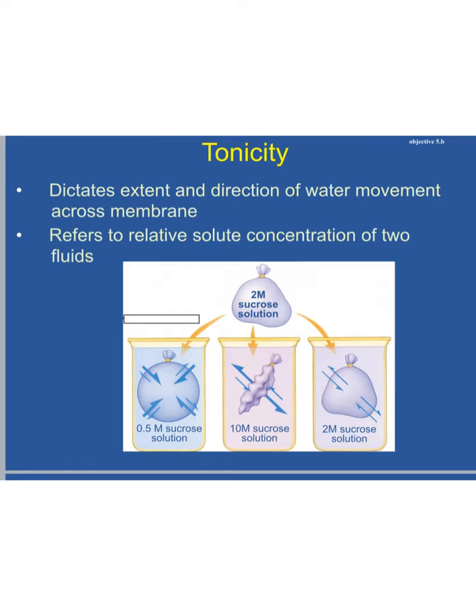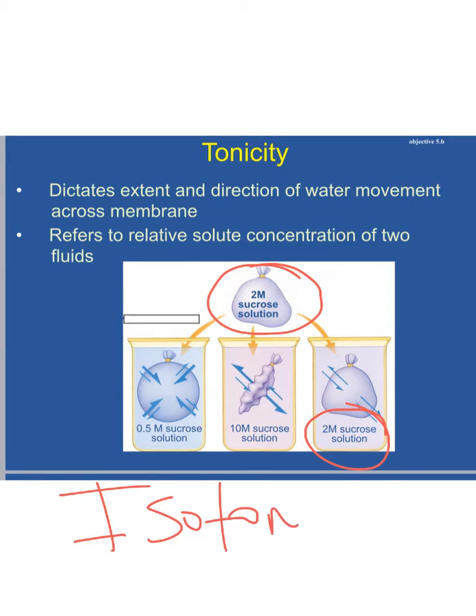All right, we can also have a situation where we have what are called isotonic solutions. So here we have 2 molar sucrose in the bag and 2 molar sucrose in the beaker. So these solutions are isotonic. We could not say that one is hyper and one is hypo depending on the solute concentrations because they're the same. Now this does not mean we don't get movement of water.